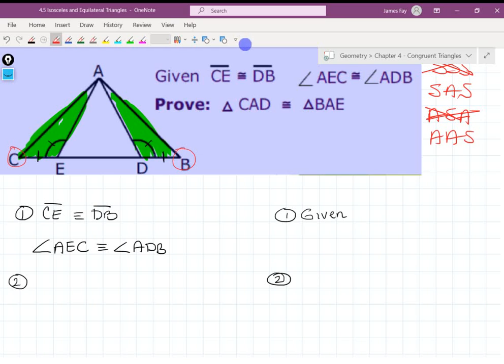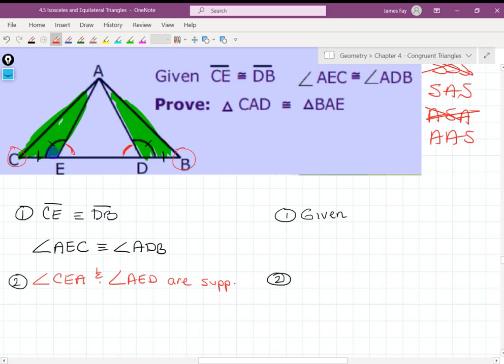But what Joel said is he knows that that angle right there is congruent to that angle right there. Now let's walk through the logic of that, okay? So if we look at angle CEA and angle AED, we can say they are supplementary, correct?